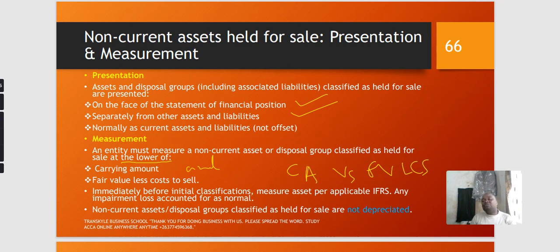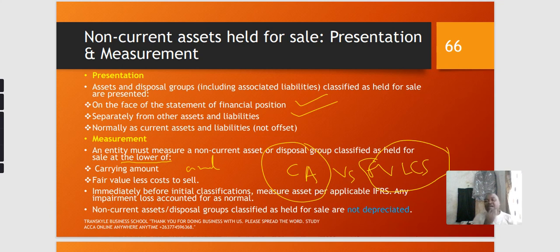So we need, first of all, to satisfy the measurement criteria of the applicable standards, and then we determine our carrying amount. Because remember, the idea is to determine the carrying amount. Then we measure that carrying amount against the fair value less cost to sell.